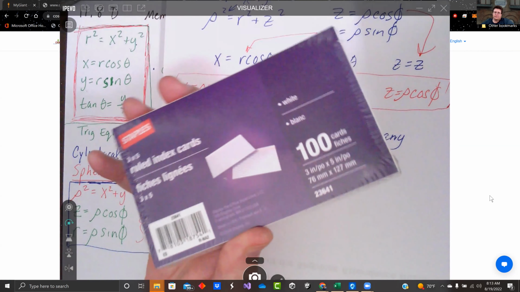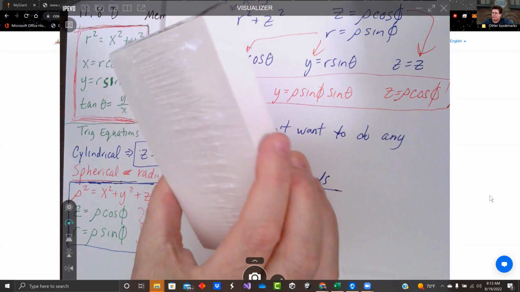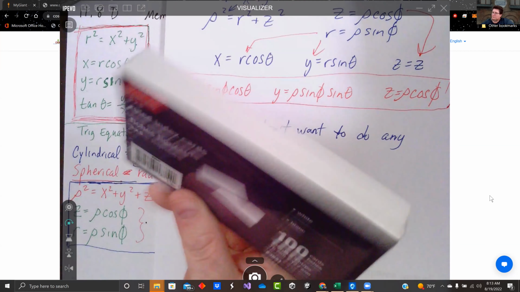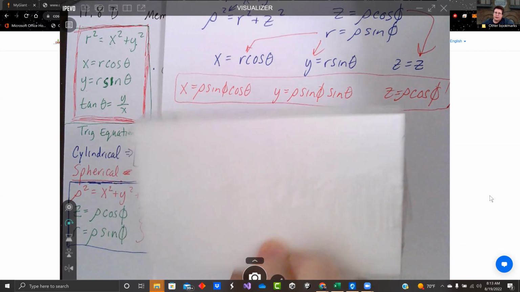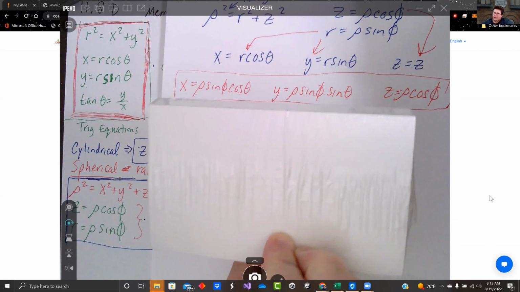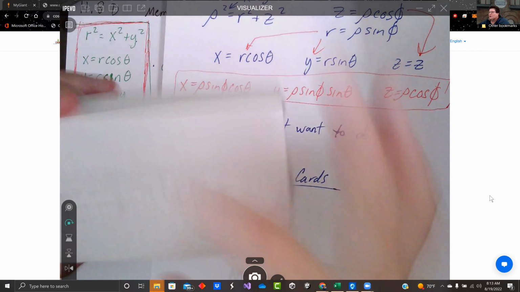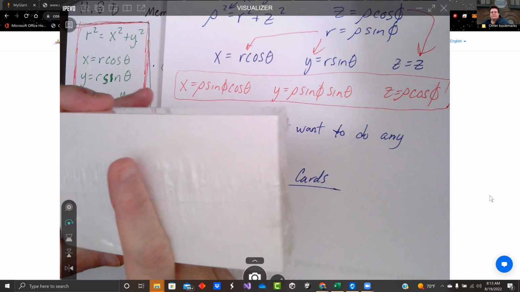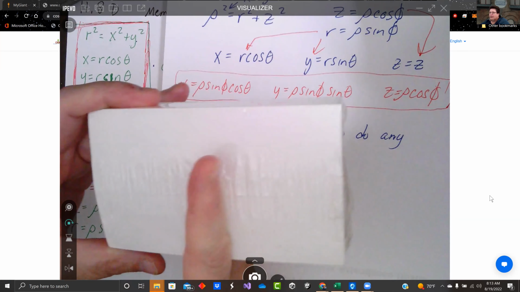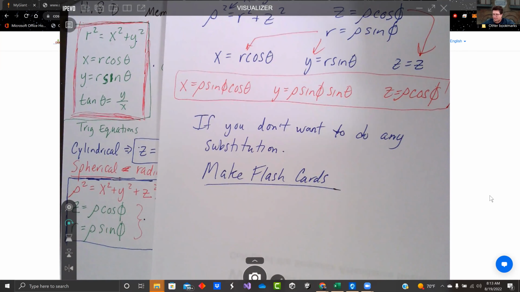Index cards. You don't even need to make them this big, but if you like them, I took these. I was a cheap college student and I cut these in four and made my flashcards all super small. Now, in hindsight, I probably should have just cut it in 2 and made them a little better because they were too small.